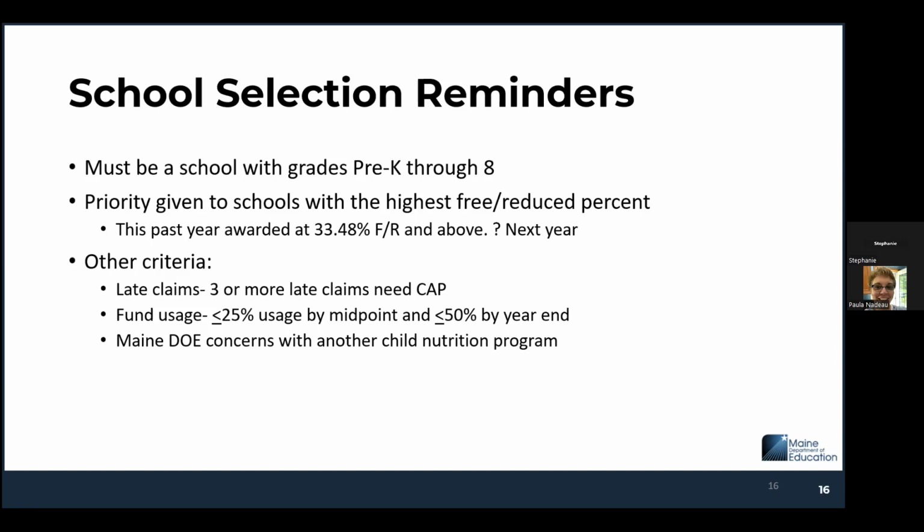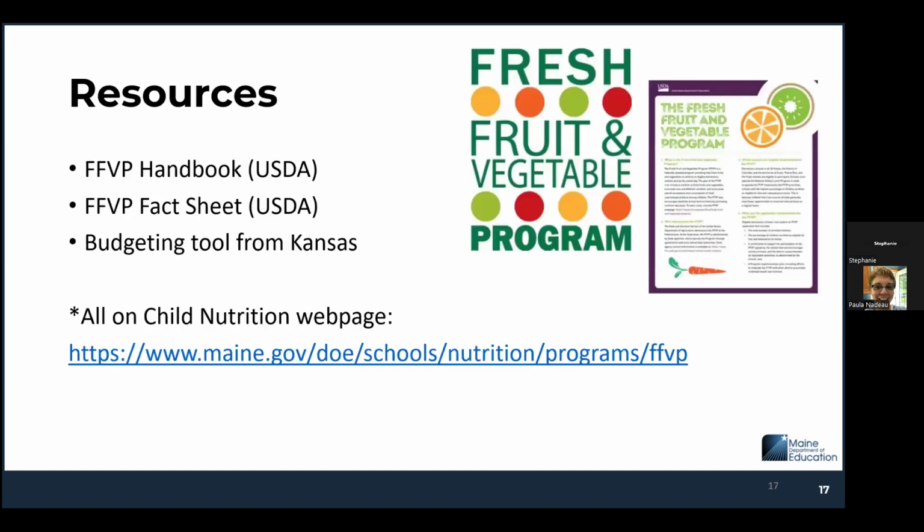So that includes late claims, low fund usage, and if we have concerns with other child nutrition programs. It's not an automatic disqualifier, but just additional factors that we use in the awards process. So it's another reason to check that usage report to see where you're at throughout the year as far as fund usage goes.